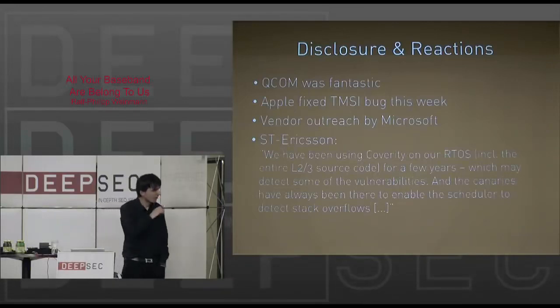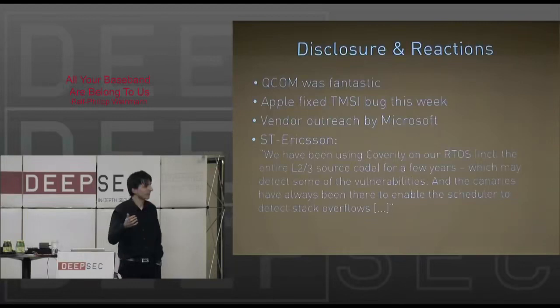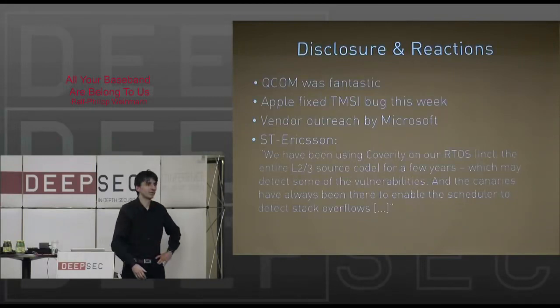Now, I'd like to do that because it shows that there's a certain disconnect between people who do this engineering and the people who do vulnerability development. So he thinks that stack canaries that are checked in the scheduler prevent problems with stack overflows.